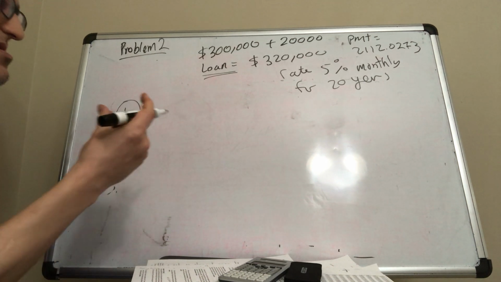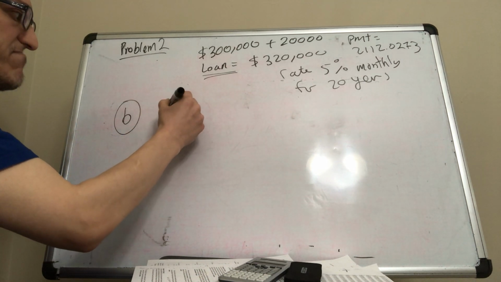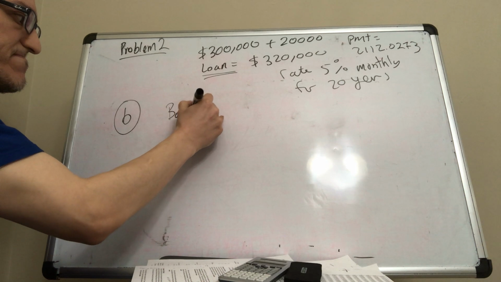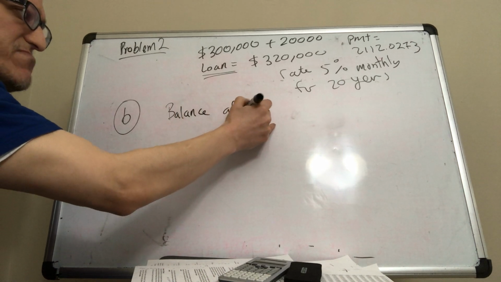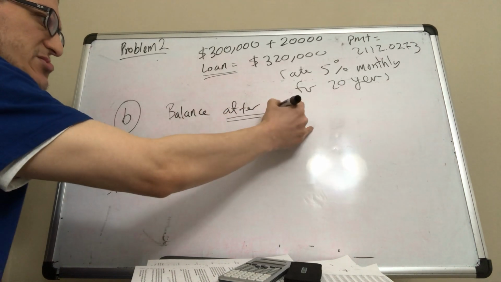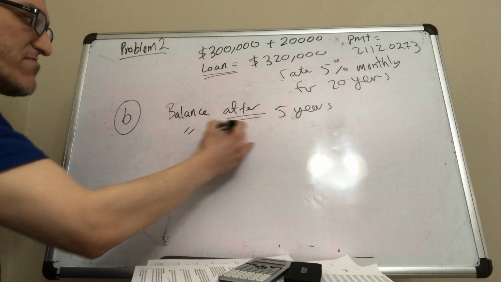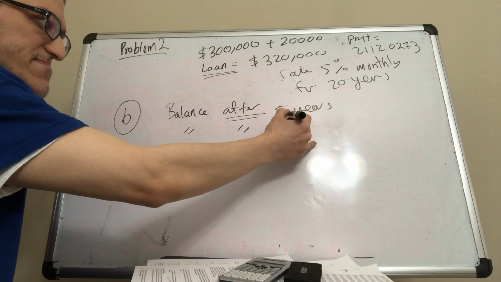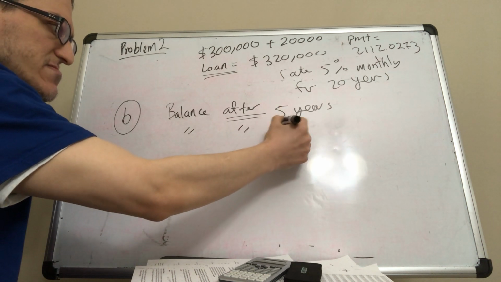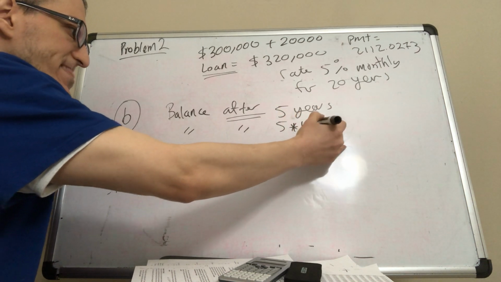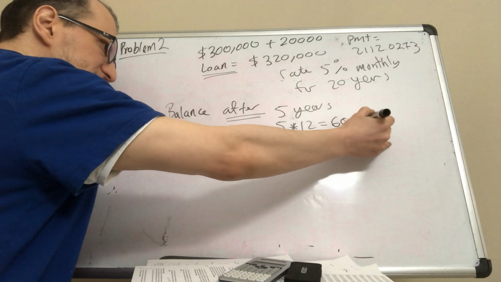Okay. To know the balance after a certain period of time, in this case you need to know the balance after 5 years. And the balance after 5 years, you're making 12 payments a year, it's after 60 payments.